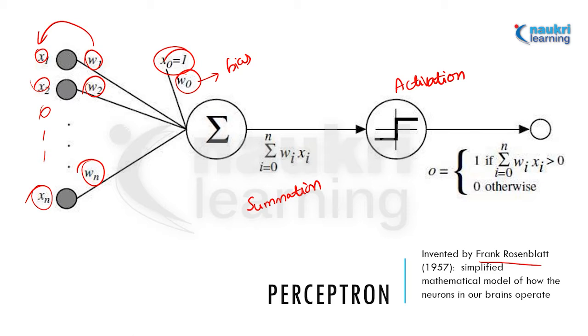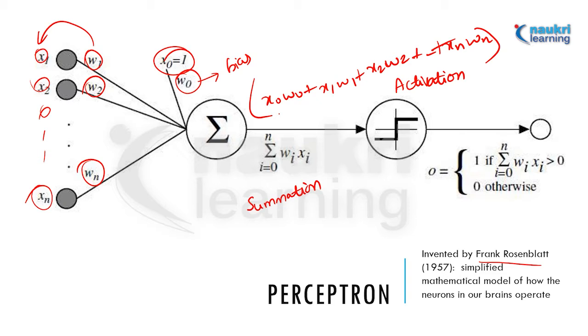If I expand the summation notation, it will be given by x0 w0 plus x1 w1 plus x2 w2 up to xn wn. So this is how the summation operation will happen.